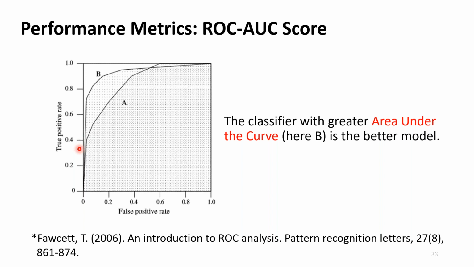A 50% threshold is relatively strict, and a 20% threshold is relatively generous. So if we decrease the threshold from 50% to 20%, we can easily identify a positive case. So the true positive rate can increase, but with such a change we can include false positives. I mean, the threshold is too generous.